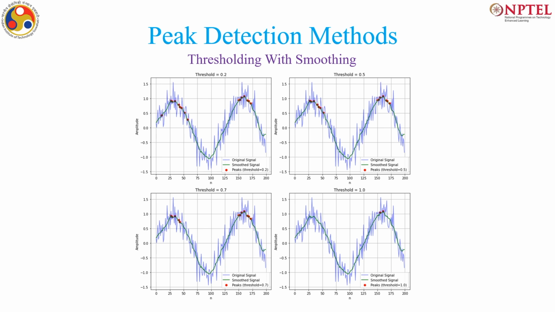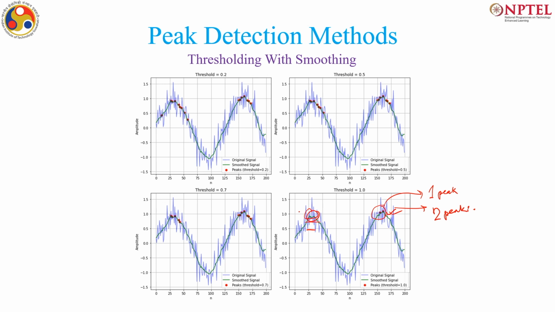In one case, like in this case, because of the thresholding operation, we are even reduced to only 2 peaks, but these two are not the actual or desired peak. Maybe here we desire only 1 peak, but we are getting 2 peaks. Of course, this can be mitigated by even further smoothing, but that is not the point.